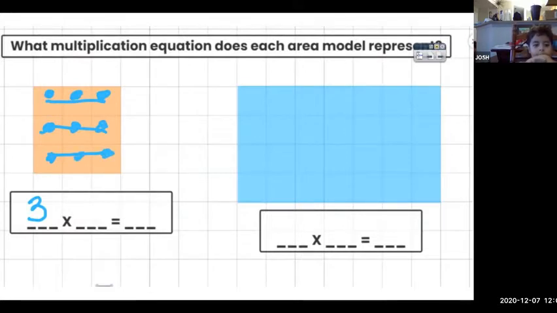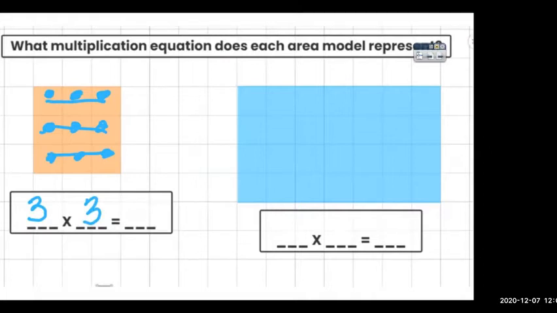So what we have here are 3 groups of 3. And if we counted each one of those dots we just made, or each one of the squares that are there, we would find that we have 9 altogether. Okay, let's do another example.